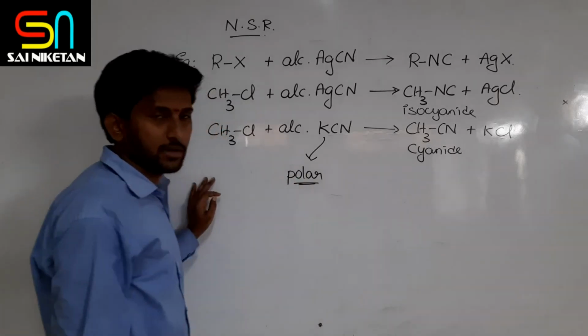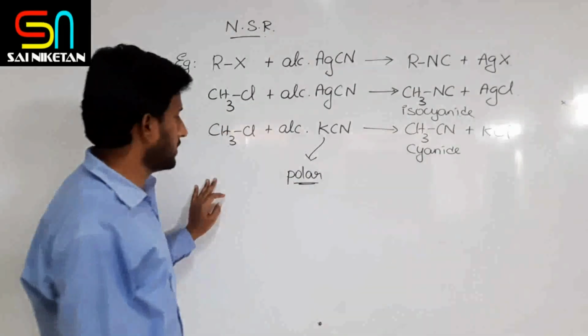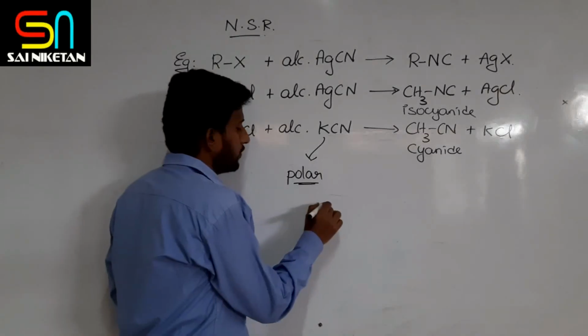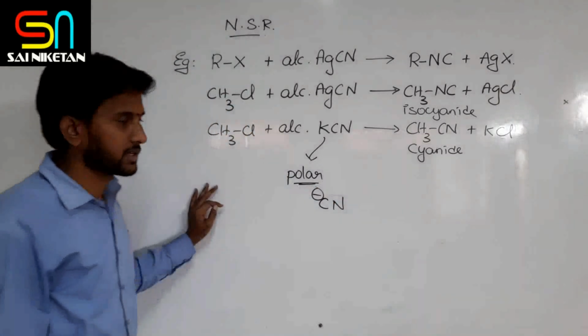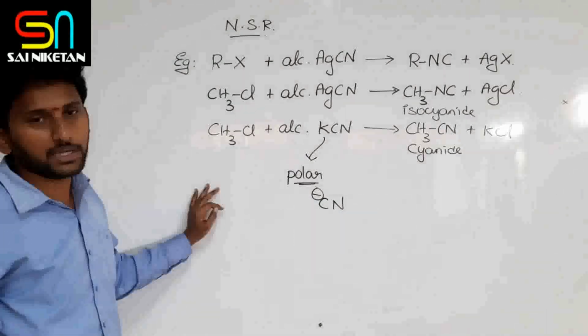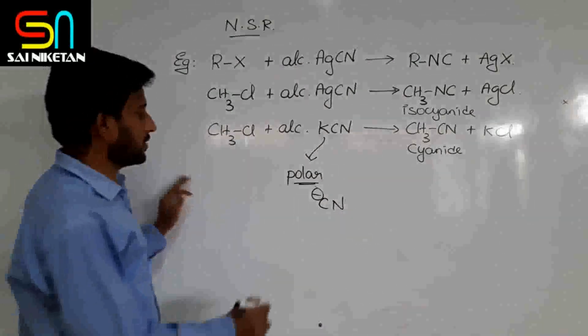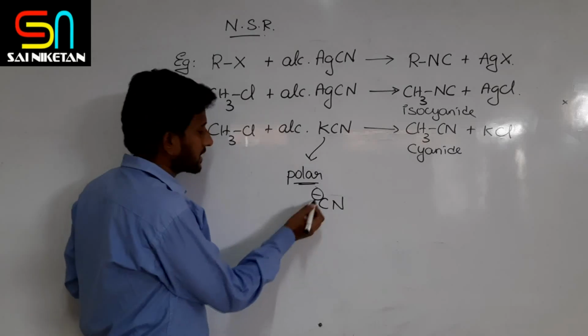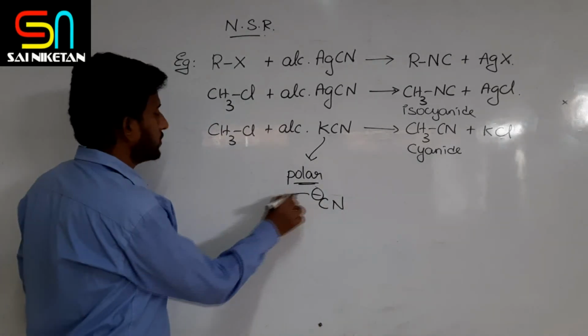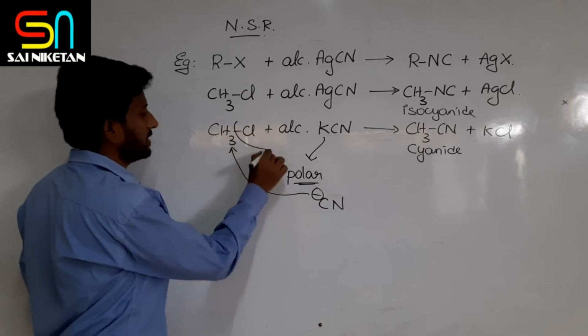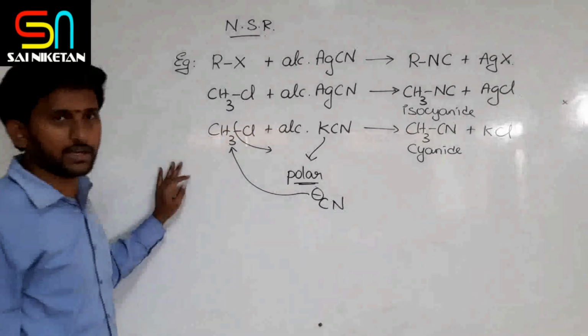Potassium cyanide is a polar molecule. So it will form CN minus ions in the solution. So the cyanide ion, the carbon which is carrying the negative charge, it would do nucleophilic substitution of chloride ion.